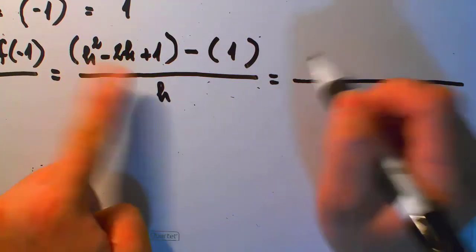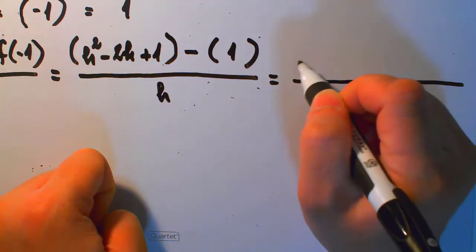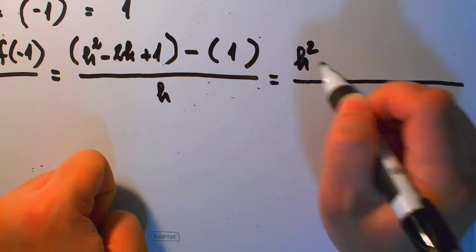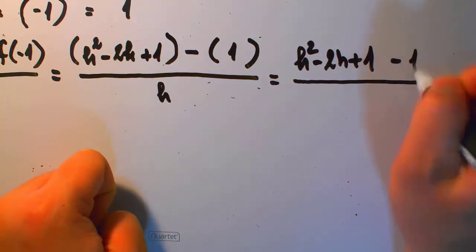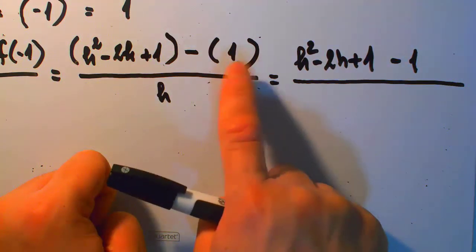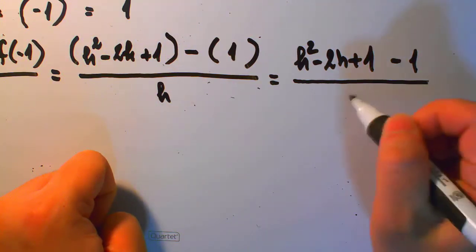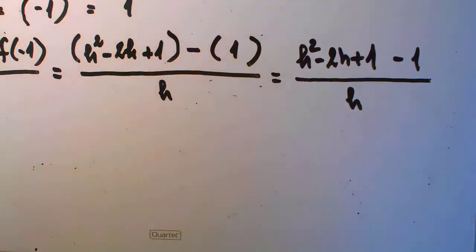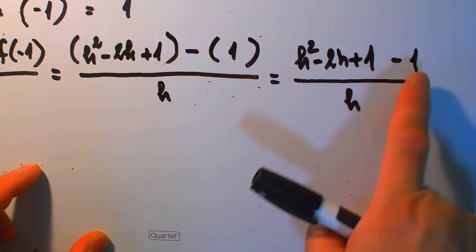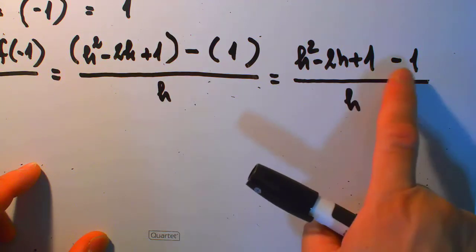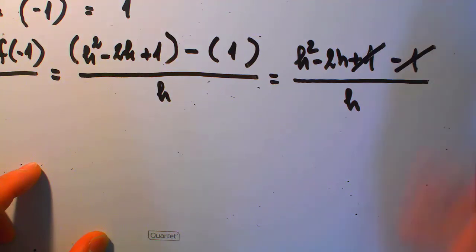So my first set of parentheses, after removing it, is going to produce h squared minus 2h plus 1 and minus 1, and then after removing the other pair of parentheses, I'm going to put h in the denominator. And then once again I'm going to recognize that there are these two, +1 and -1, being opposite terms.